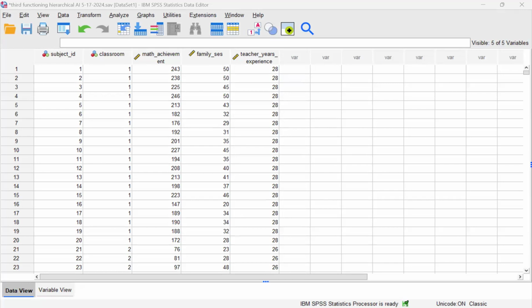That's the average math achievement score across all subjects, across all groups, and the variance of the residual, 4255. That's the variance of the residuals EIJ.